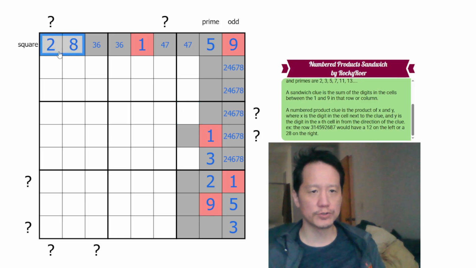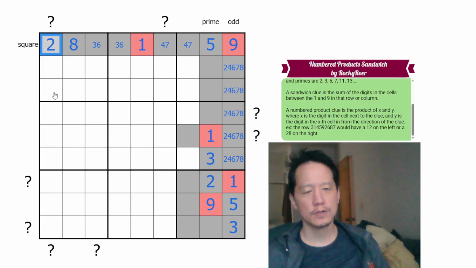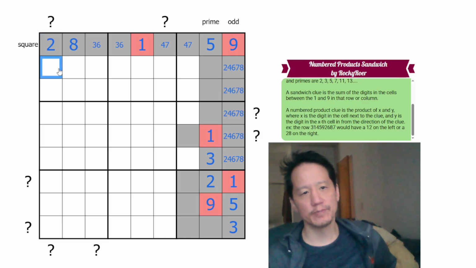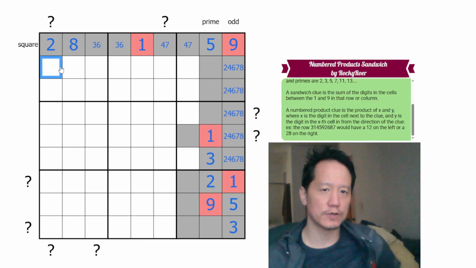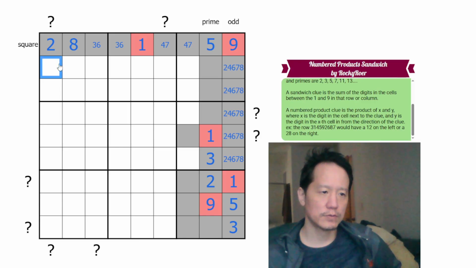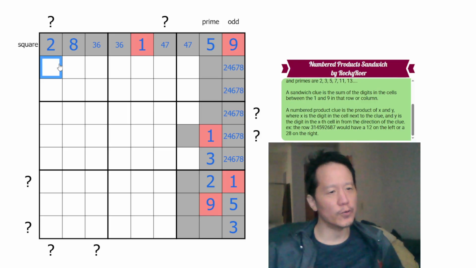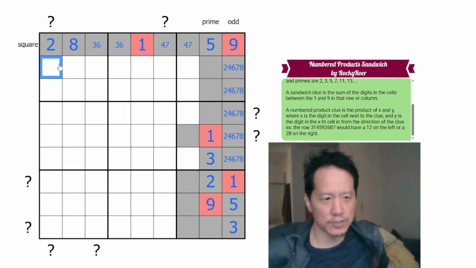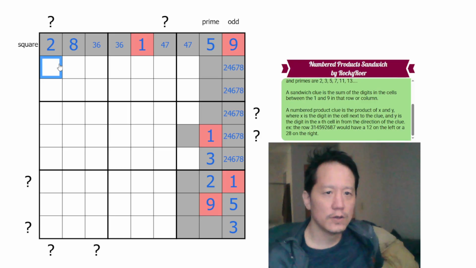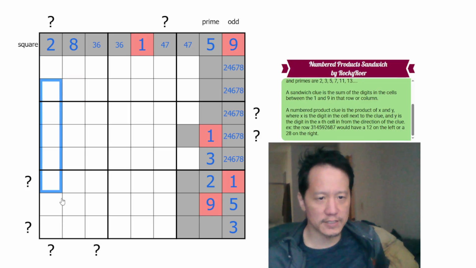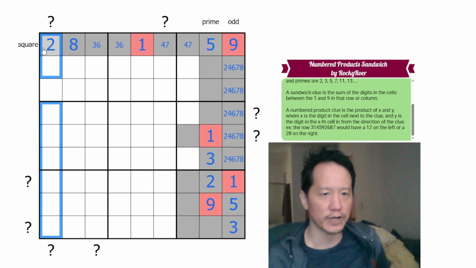This is a square, so this is 2. That's interesting. What does that make this? We don't know. Oh, wait. That's interesting. The sandwich part has to be the same for this column and this, for this column either way.